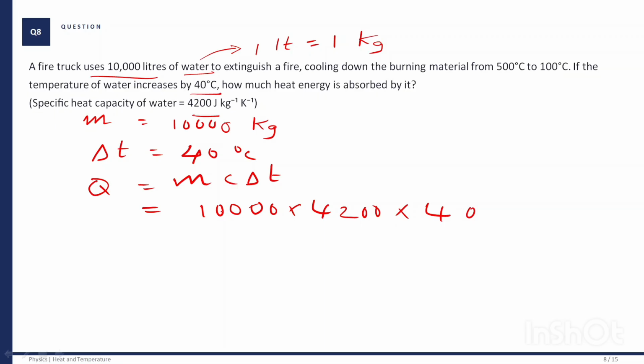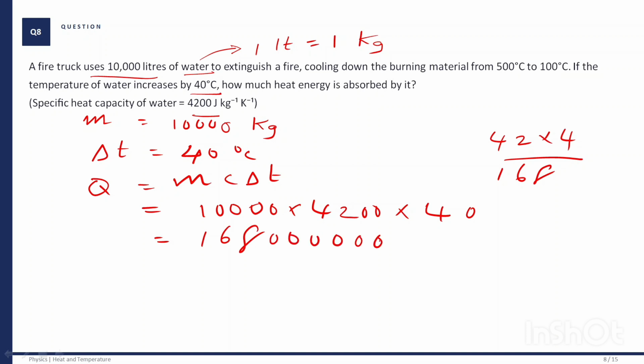Right. How many zeros are there? 1, 2, 3, 4, 5, 6, 7 zeros. So I will write 10 power 7. Just I will multiply 42 into 4. 4 twos are 8 and 4 fours are 16. So 168 followed by zeros. So the energy is 168 into 10 power 7 joules.